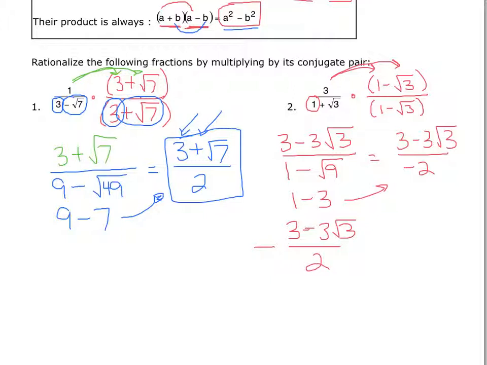The other possibility, and the reason why I want to show this to you is in case a question does this to you, is it could possibly take that negative and distribute it inside. If you left the answer the way it was, it would be fine, but the other way you could see this answer represented is negative 3 plus 3 radical 3 if that negative is distributed, and then over the positive 2.